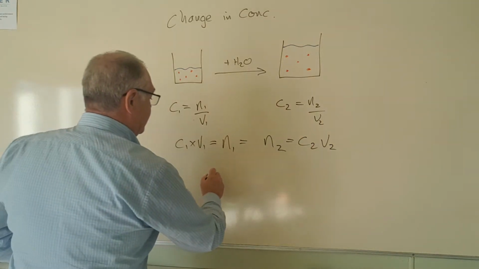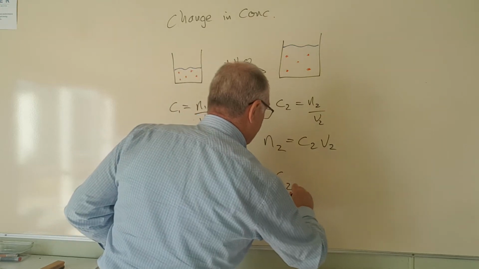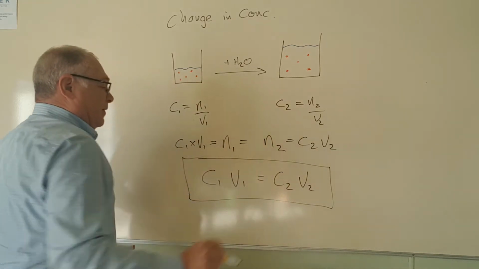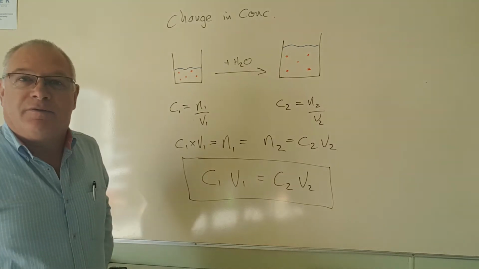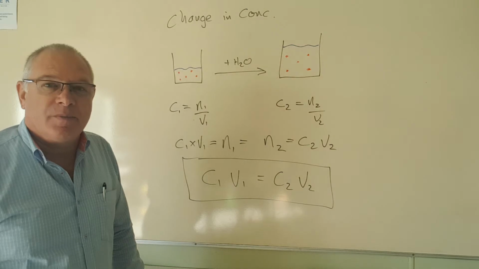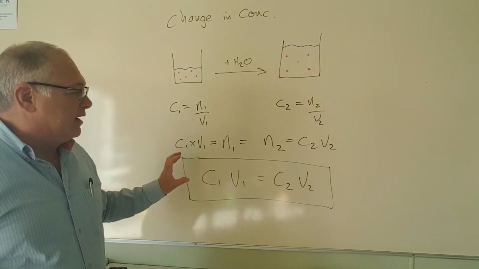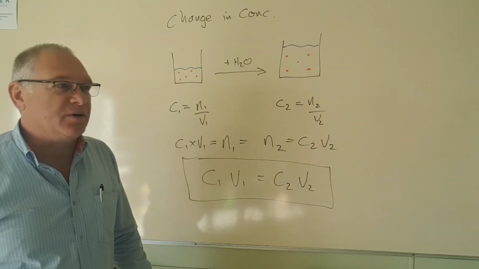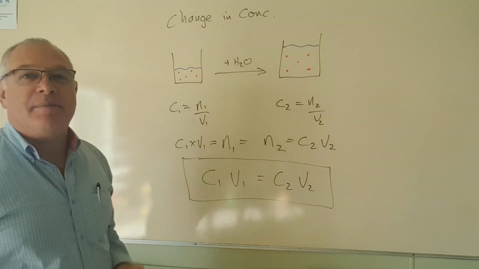In other words, we could say that C1 times V1 is equal to C2 times V2, and this is a little shorthand form that you can use, a very short little formula for working out changes in concentration, whether it's a dilution or whether it's a concentration. This is a lot easier to use. You won't find it in very many of the textbooks, but it's very easy to use as a wee method. Let me show you how.